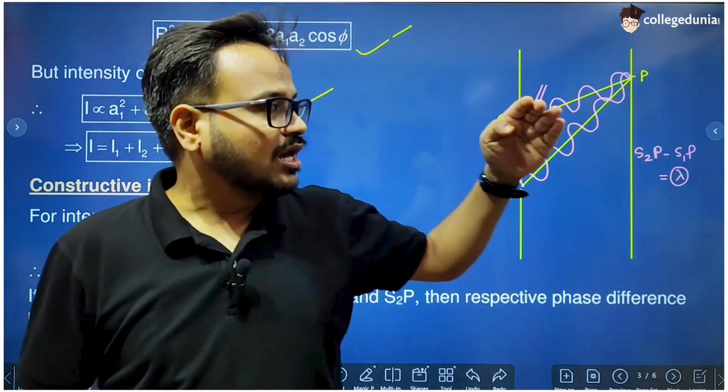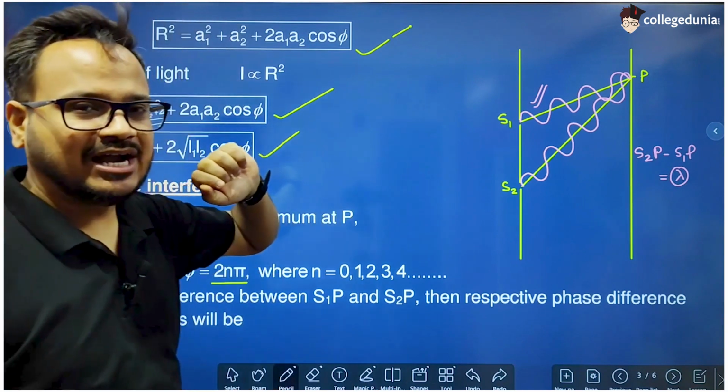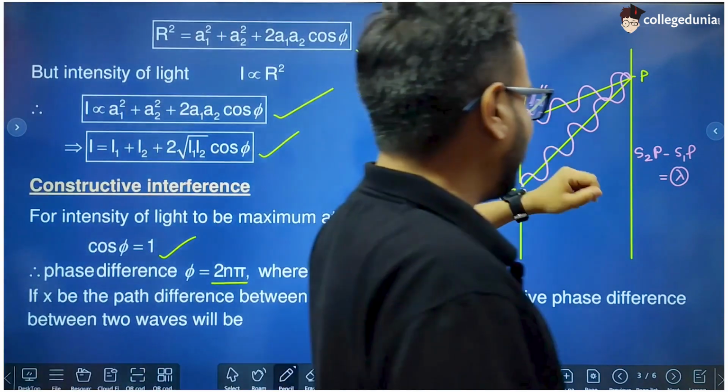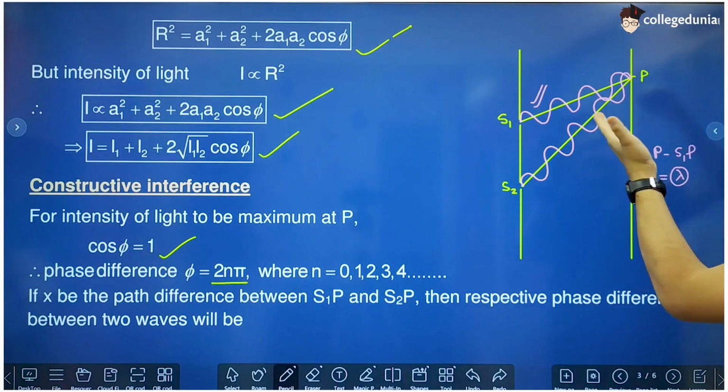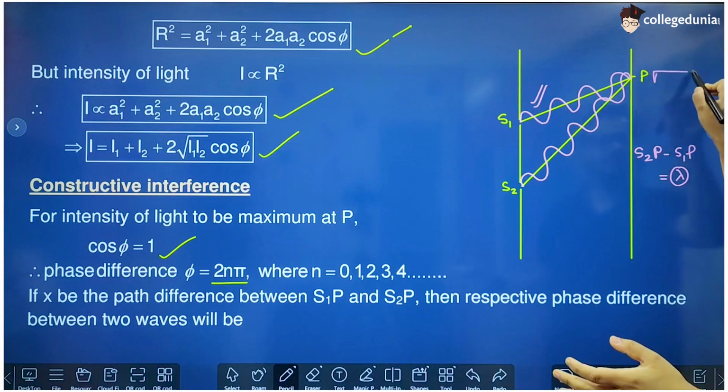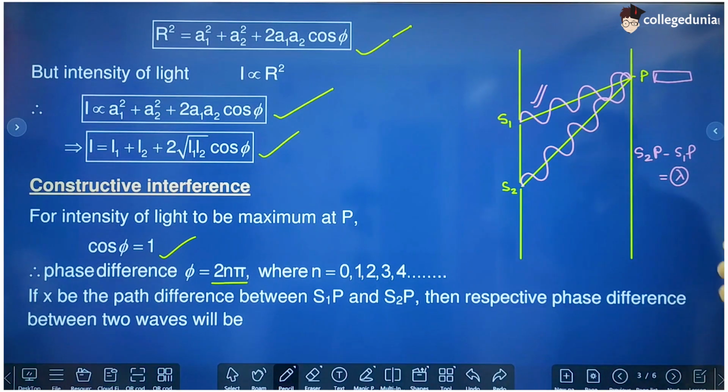And obviously what type of band is going to form at P depends on this path difference. Since the path difference is lambda, the crest is going to fall on the crest at this point, so we will get a light band. Whenever the path difference is a multiple of lambda, or the phase difference is a multiple of 2n pi, we get a light band.